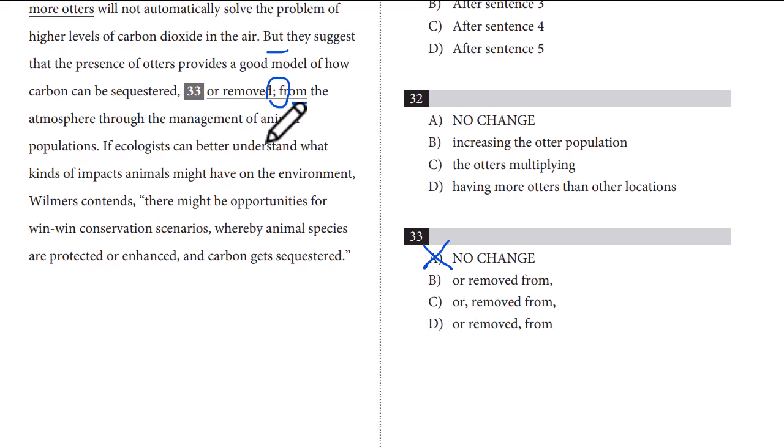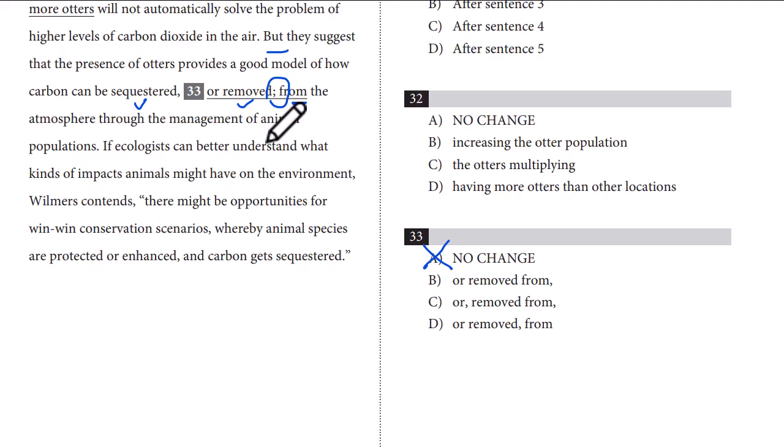Okay, so if these were 2 different things, sequestered and removed, well, sequestering is removing. If they were 2 different things, I would just say can be sequestered and or something else from the atmosphere through the management. I wouldn't have to have any punctuation whatsoever. That's not an option looking at the answer choices.